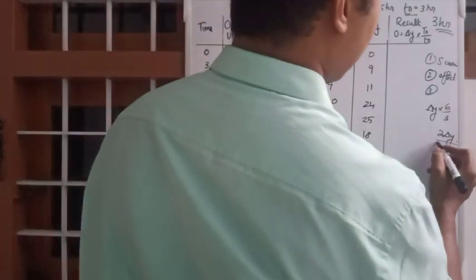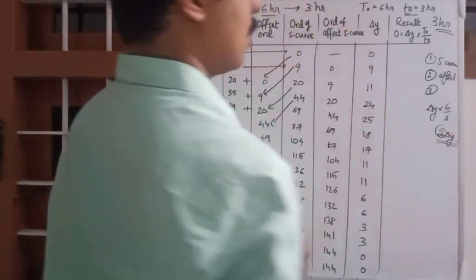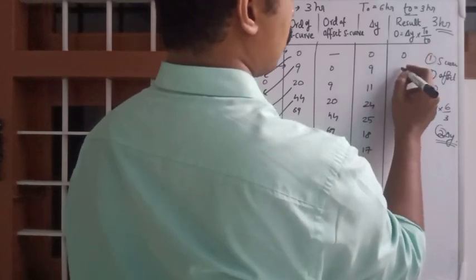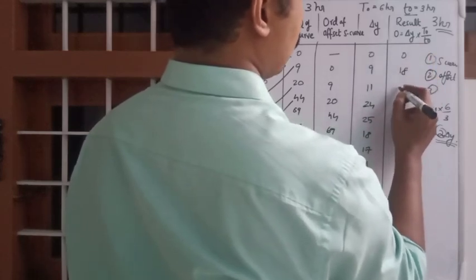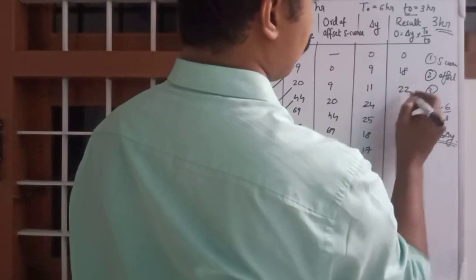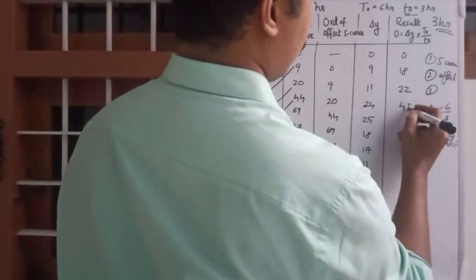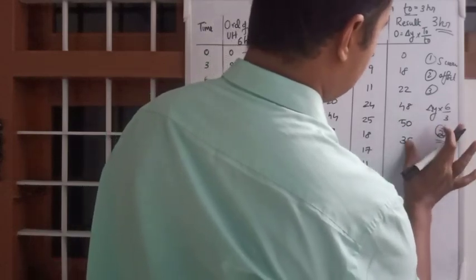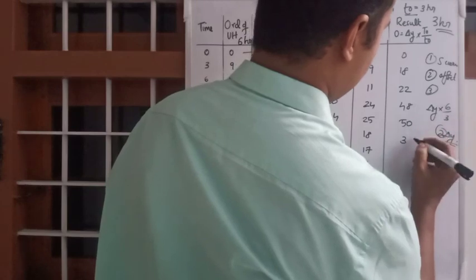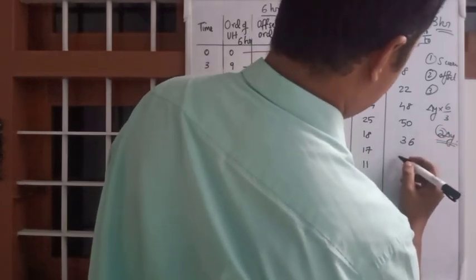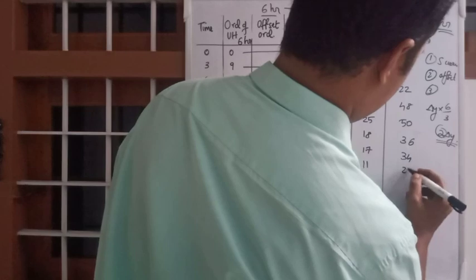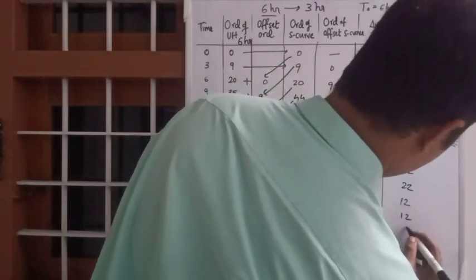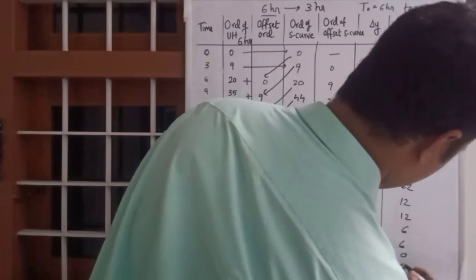Okay, so multiply this column by 2. So 0 into 2, 0, 0 into 9, 18, 2 into 11, 22, 48, 50, 36, 34, 22, 22, 12, 6, 0, 0.